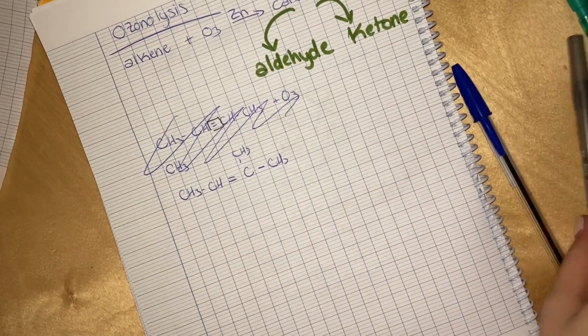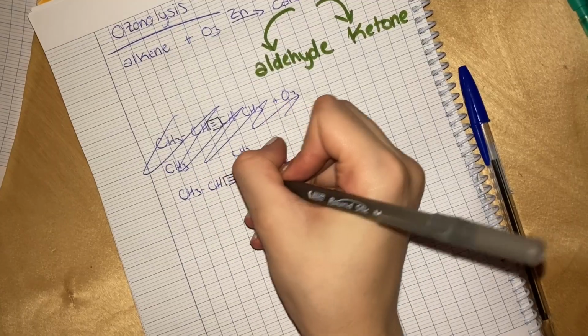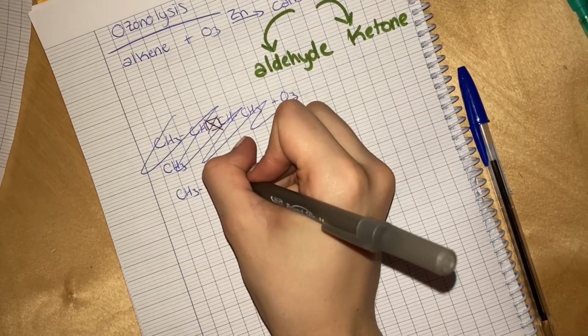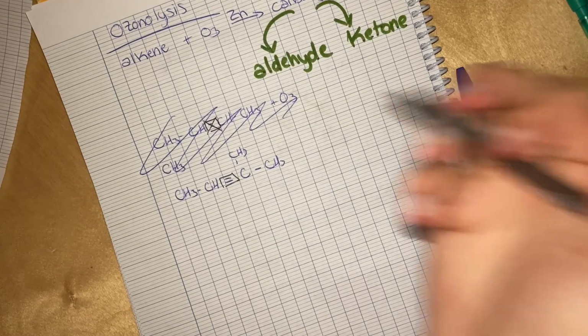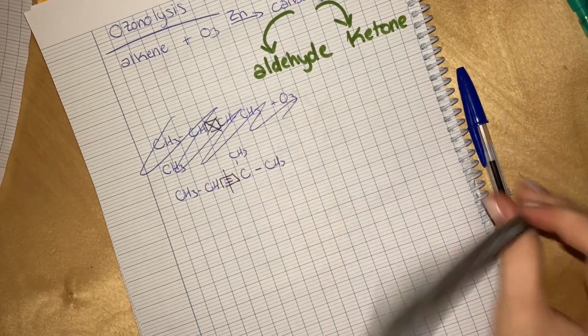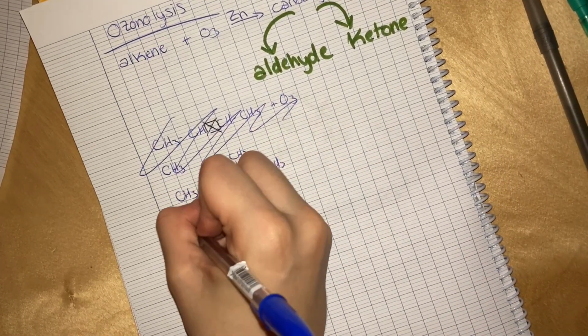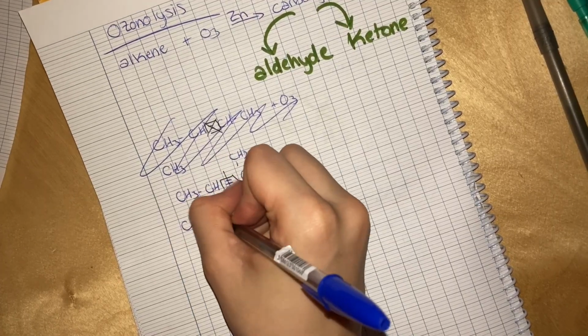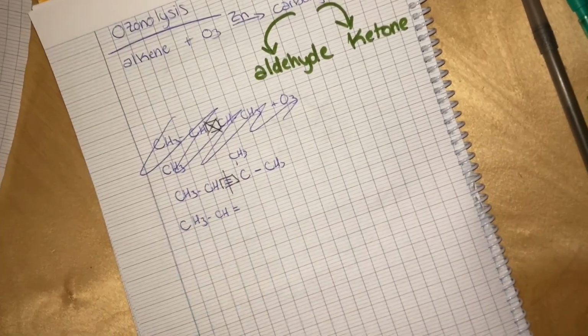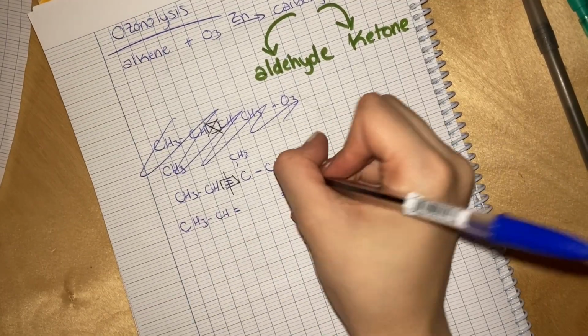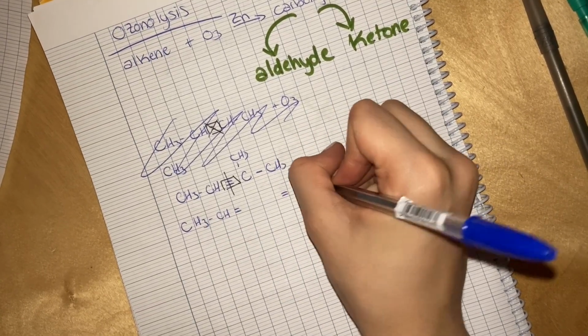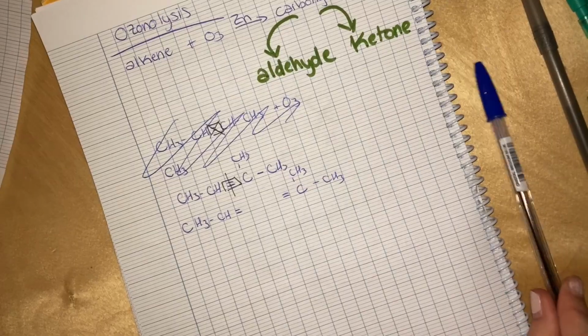Okay, back to what I was saying. See this double bond? We don't want to break it and just make it a single bond. We want to split it in half. So what we have now is CH3, CH double bonded to something, and a double bond to C, we don't know what it's bonded to yet, which is bonded to CH3 and CH3.